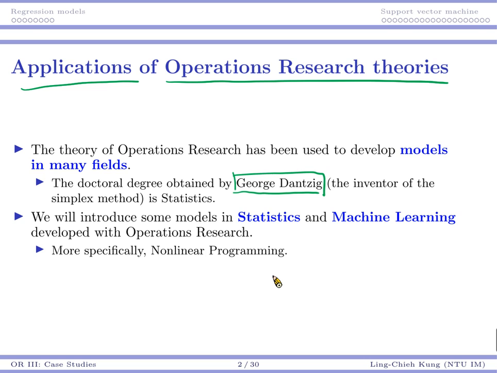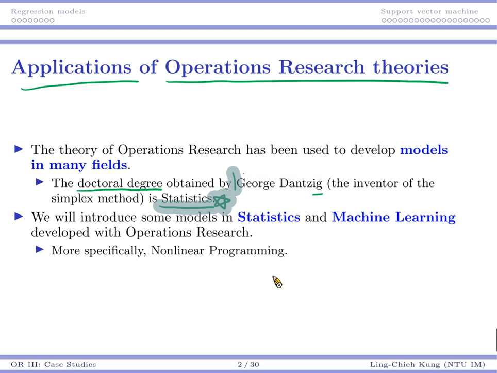As some kind of father of operations research, his doctoral degree is actually about statistics at UC Berkeley. Of course, at that time, there was no such field of operations research, but that somehow directly tells us that optimization techniques, algorithms, theories can help people develop theories in statistics.